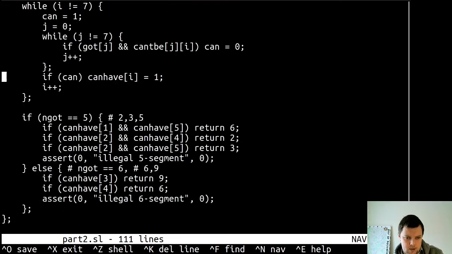Where were we? So 9, 6, and 9 are all the else case.